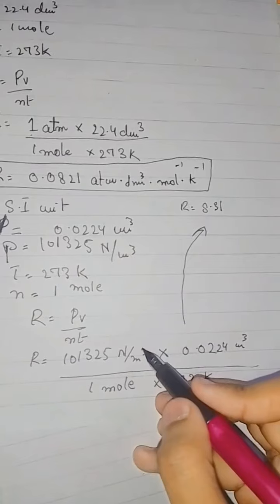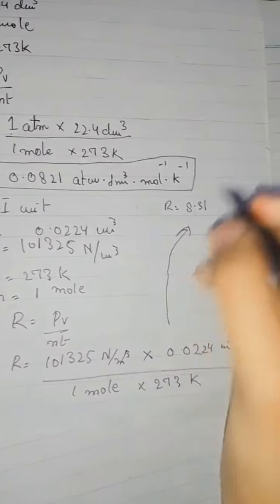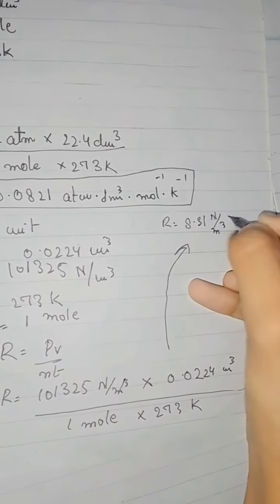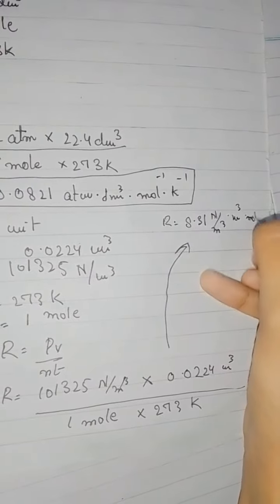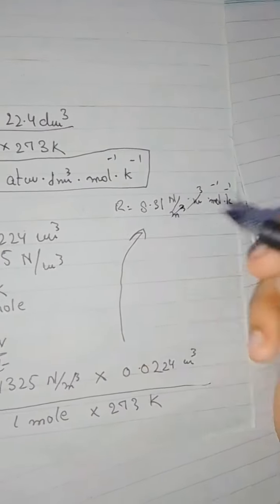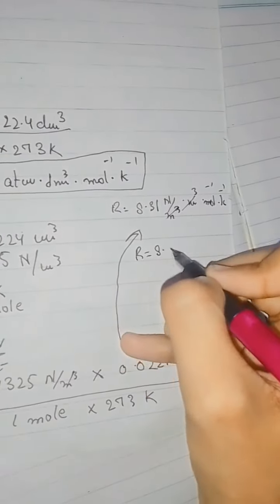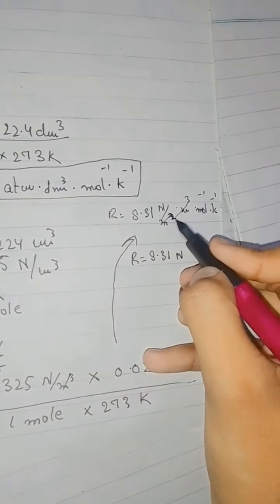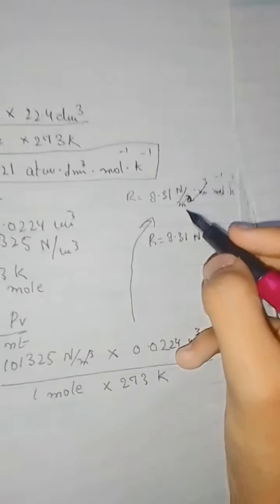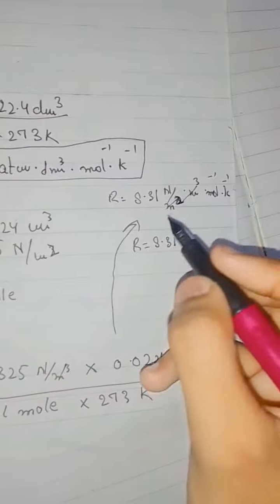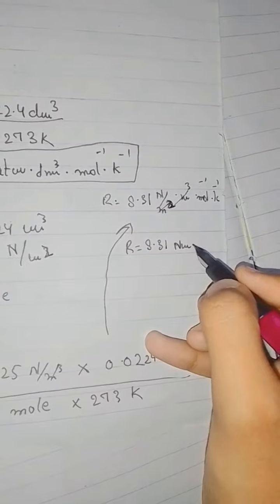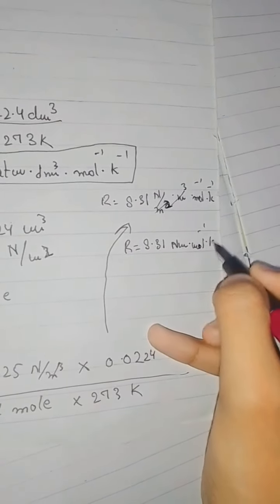First of all I am writing the units: Newton into meter cube, then meter cube, then mole inverse, then Kelvin inverse. Now meter cube cancels with meter cube, so the R value will be 8.31 Newton into meter, into mole inverse into Kelvin inverse.